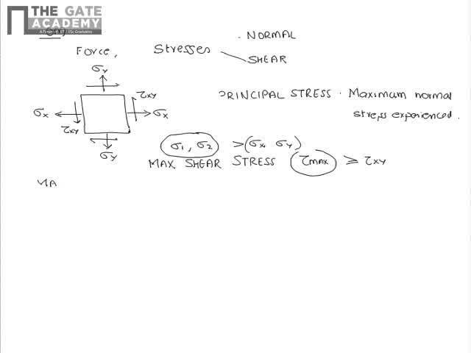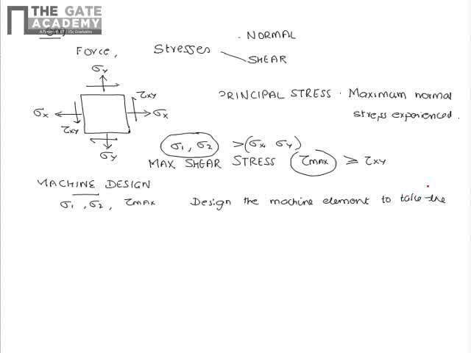So in machine design, what we are basically doing is using the concept of stress coming in the body under the system of loading, we try to design the machine element to take the load without any failure. This is what we are going to deal with in machine design.